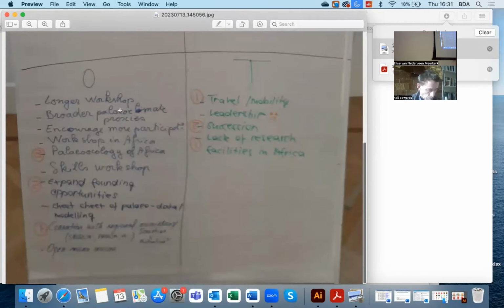So if we go to the opportunities, I think we're just going to go over the same points. Longer workshops, so we'll go to very nice places all over the world and invite everybody for more than 2 days. Basically we're just going over all the weaknesses.